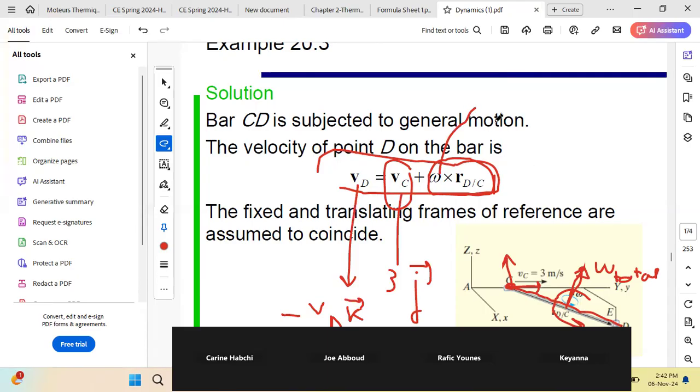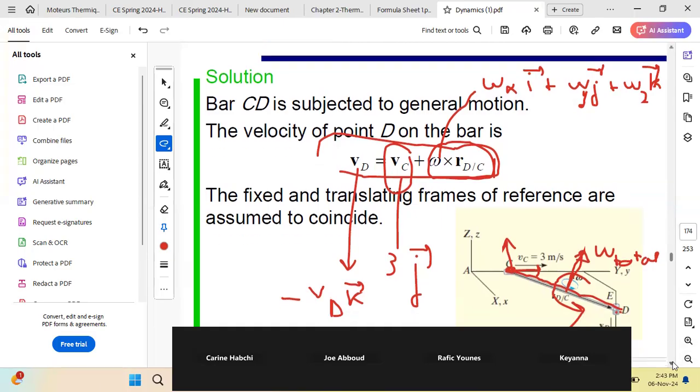Since we don't know the direction of rotation, it's decomposed into three components: omega x i plus omega y j plus omega z k. So we have four unknowns, okay? The four unknowns are VD, omega x, omega y, omega z.